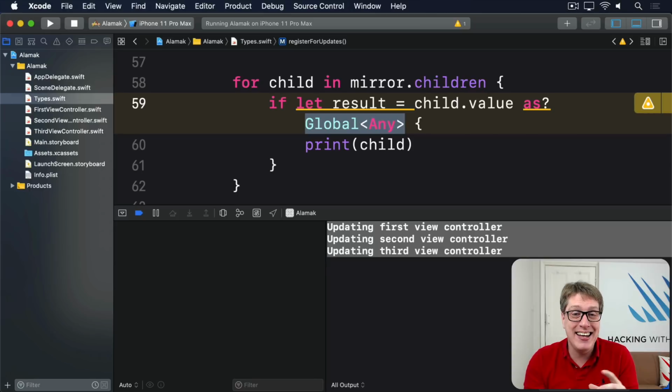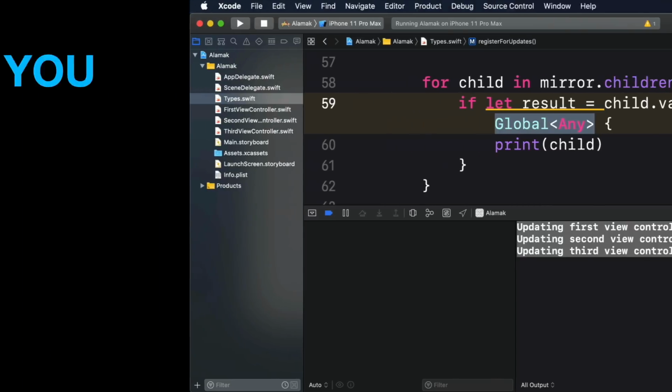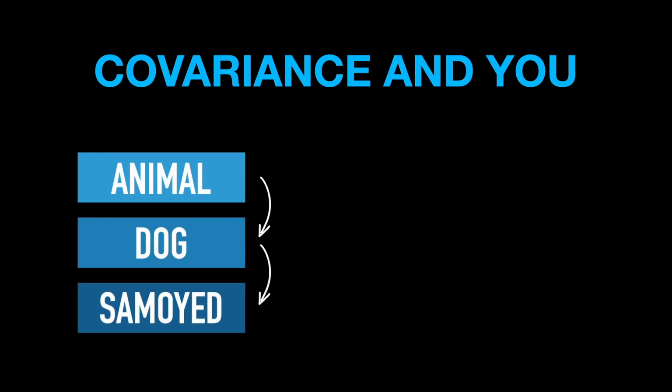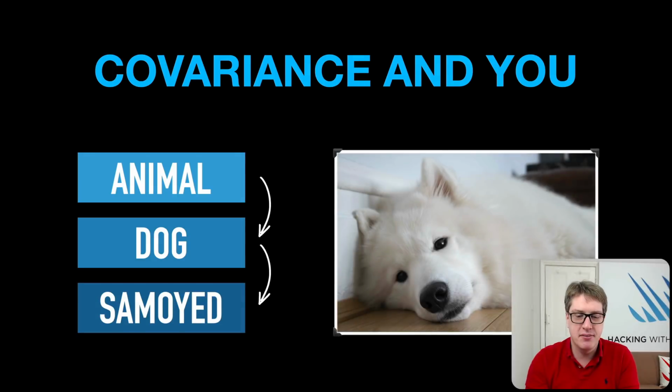So it's not great. And the reason is this. This Global<Any> down here does not work like you'd expect because of covariance and generics. Now, covariance is the power to say we have an animal, and from that is a dog, and from that is a Samoyed. I have Samoyeds, by the way. Here's one of them, Aria. She's cute.